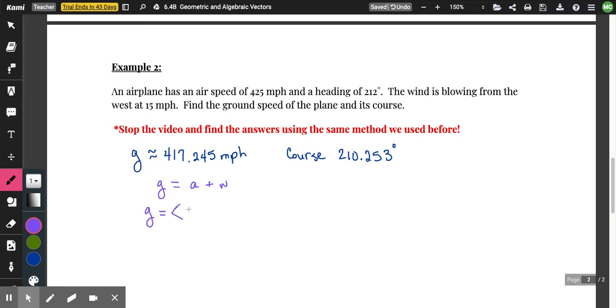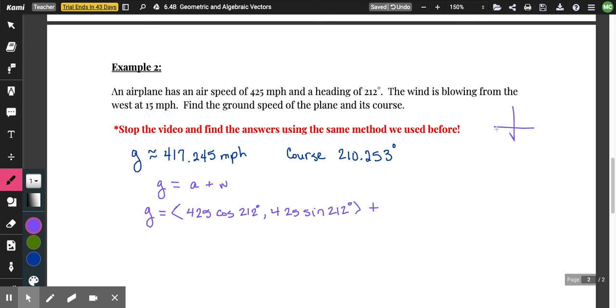So for my airspeed, that would be magnitude 425 cosine of 212 degrees, and then 425 sine of 212 degrees. That's my airspeed vector. So now for wind speed, it says the wind is blowing from the west at 15 miles per hour.